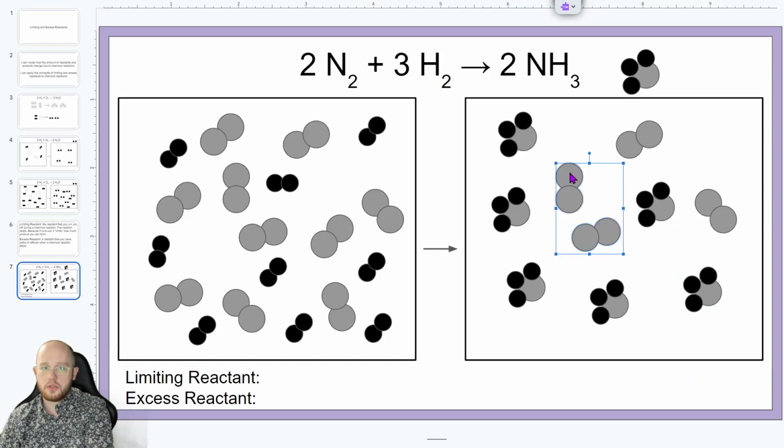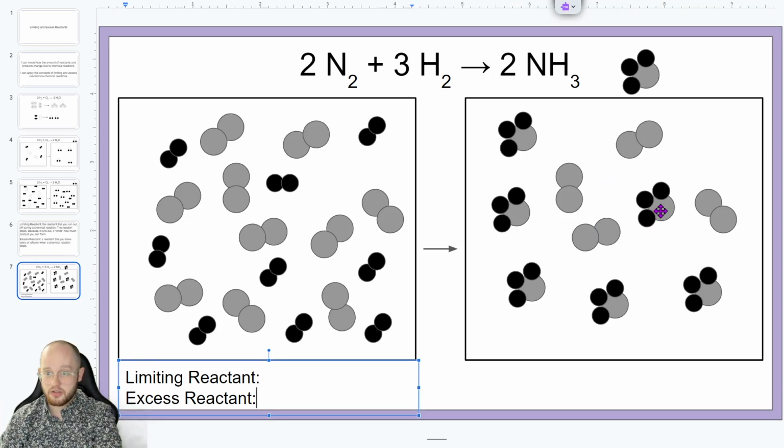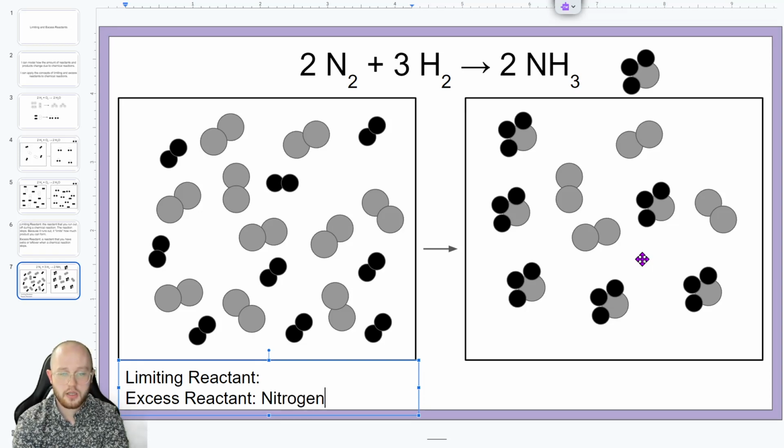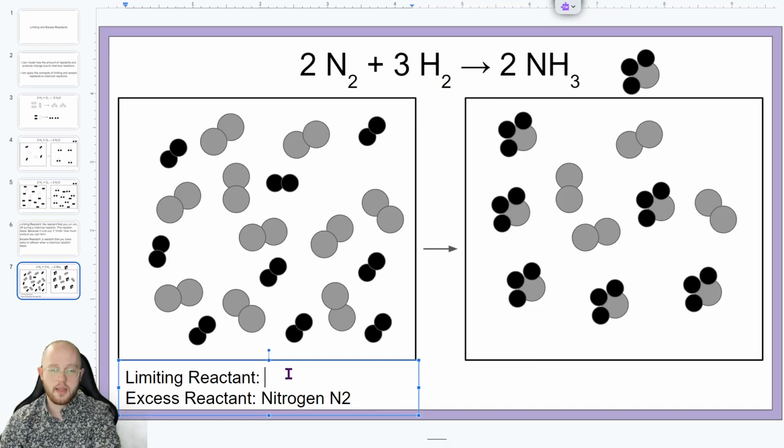Now I have 2 nitrogens, but it looks like I have run out of hydrogen. So this reaction will stop. It can't happen anymore because I don't have any more hydrogen. Since I have extra or leftover nitrogen, that is going to be my excess reactant.